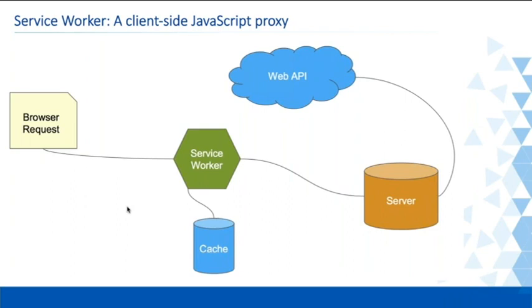It may be on your desktop or mobile, it resides on the client side. So any request that the browser makes, this service worker will intercept. It will do some logic and determine, okay, where does the data need to come from? Does it need to come from the server, or do I have it readily available in the cache? Oh, that is not in the cache, let's go to the server, and it will bring this data immediately to the browser.